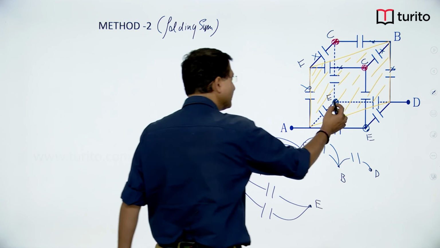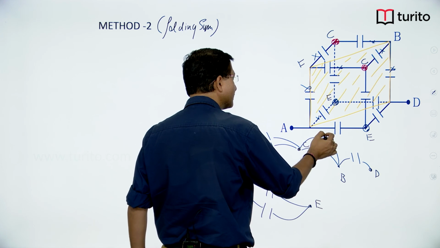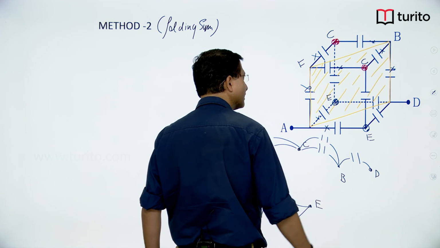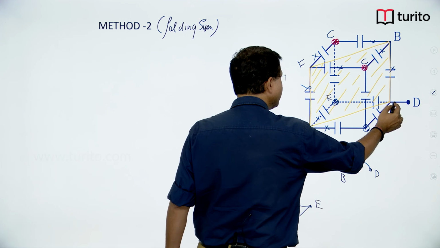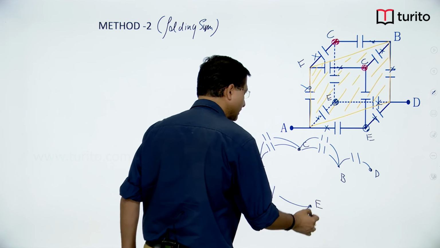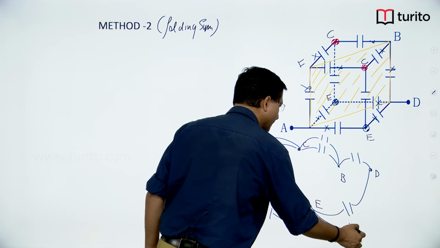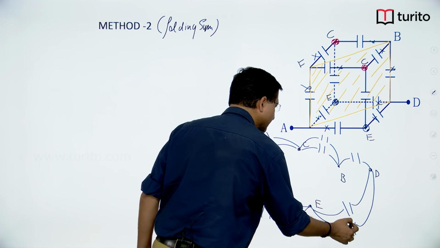Between D and E there are two capacitors. So, this one is over, AE is over, and DE, this one is over too.